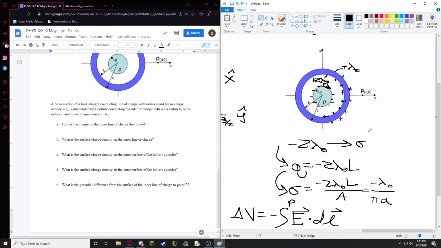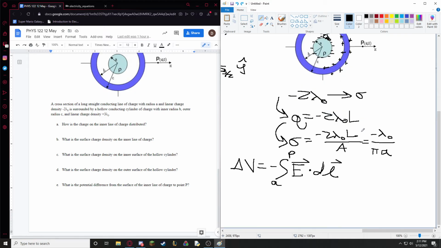So, what law do we use to find the electric field? It starts with the G. Just Gauss's law? Just Gauss's law. Right. You wouldn't need a complicated example, would you?